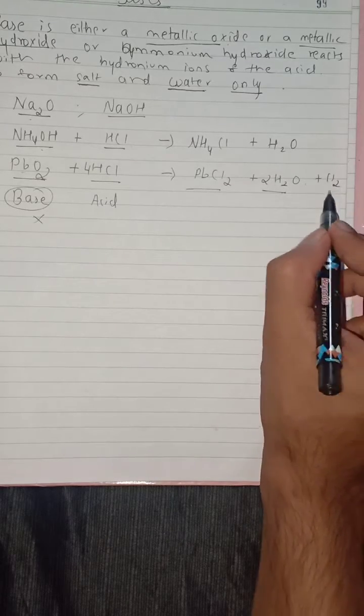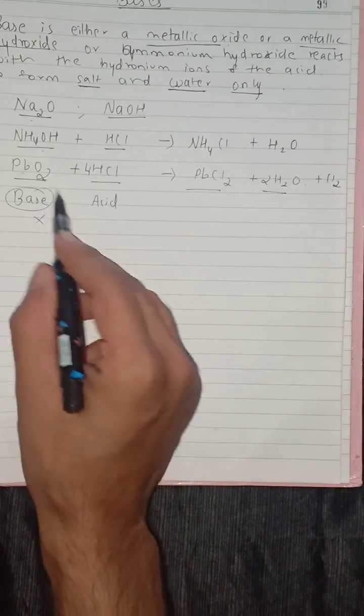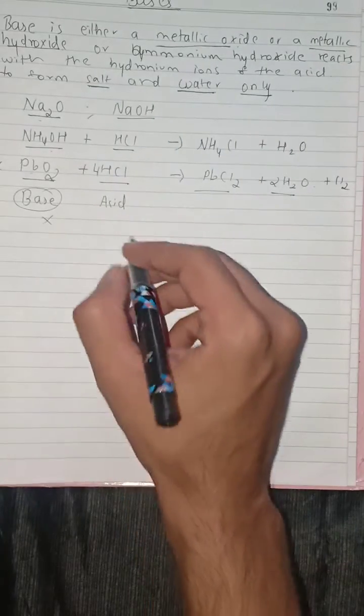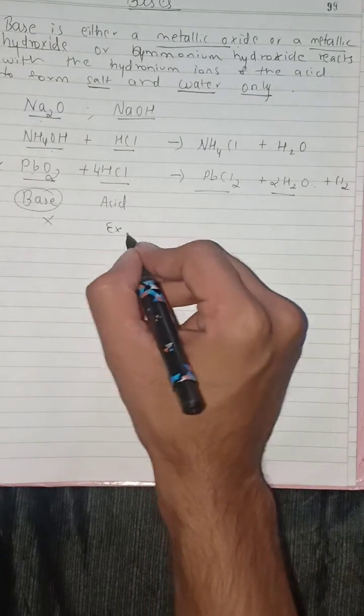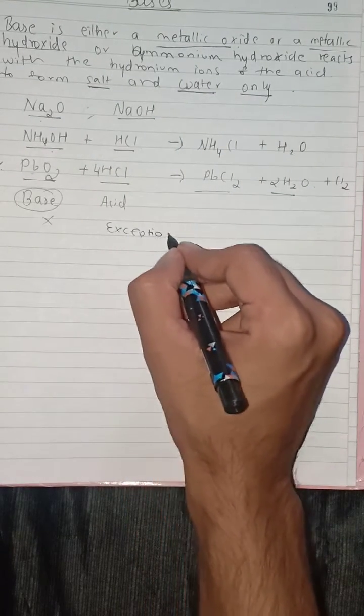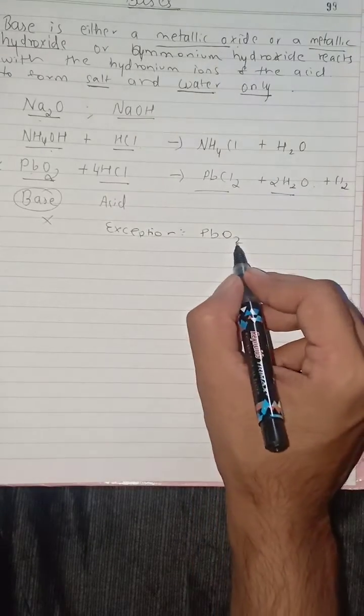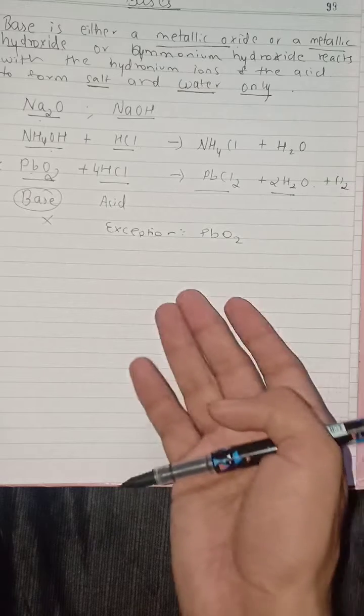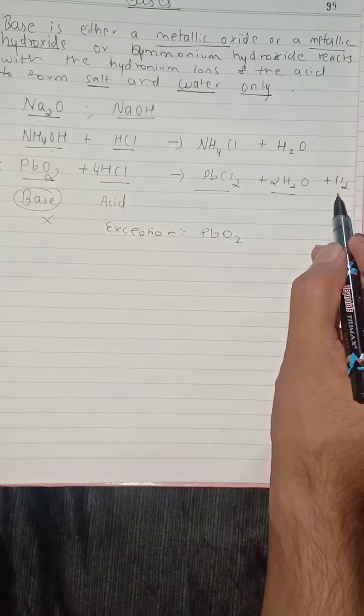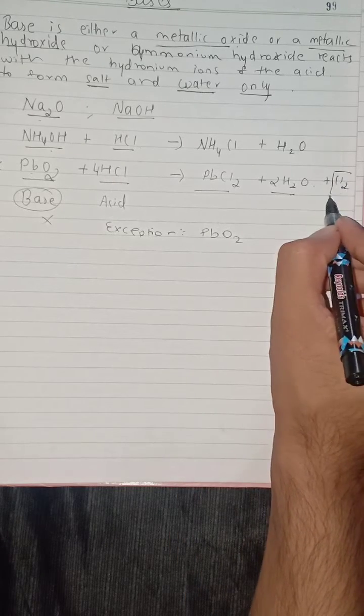Extra chlorine is coming out, so that is why PbO2 is not considered a base. So this is an exception. This is an oxide, but not a base, because additionally it is releasing chlorine also.